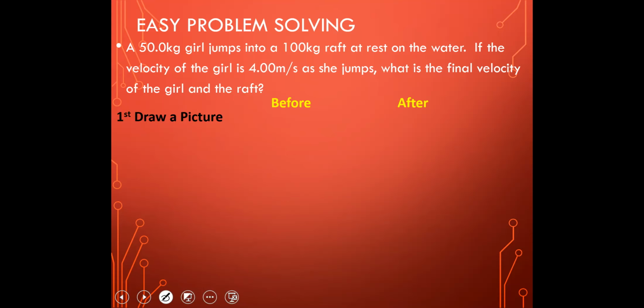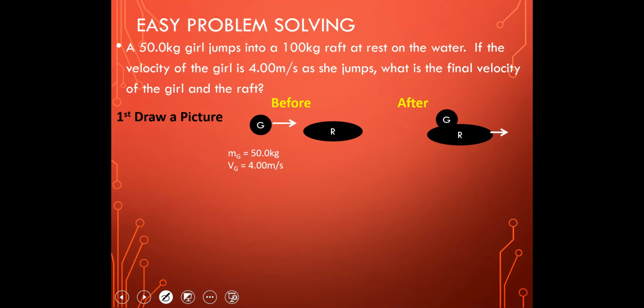So let's draw the picture, before collision and after. Here we have a girl who jumped onto the raft. After collision, the girl is on the raft, stuck with it, and they are moving. Before: the mass of the girl is 50 and her velocity is 4.